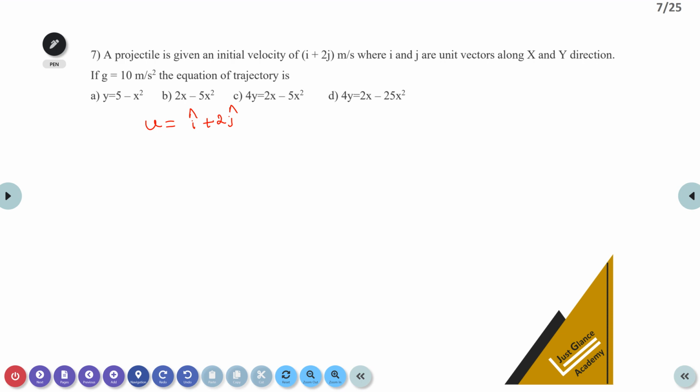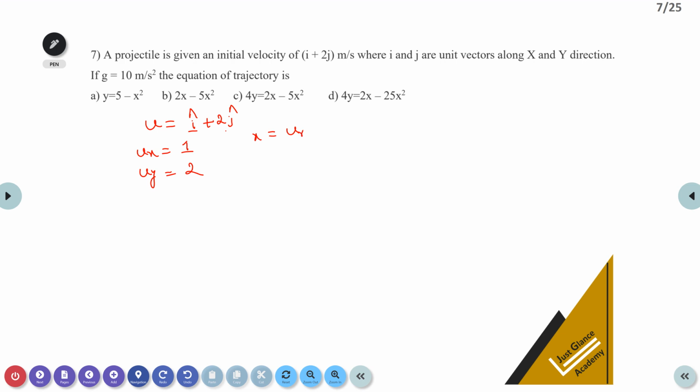Now I want to write the trajectory of the projectile. From this, the X component Ux equals 1, the coefficient of I. Uy, the Y component, equals 2.